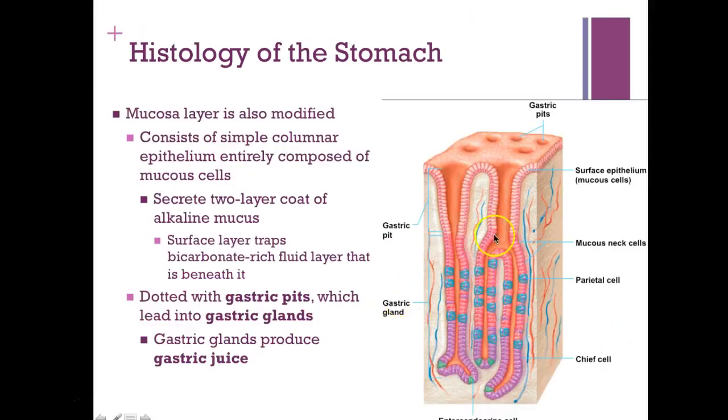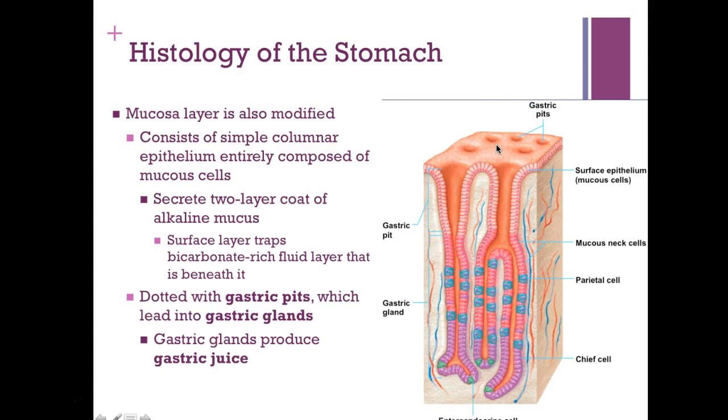So looking at the histology, we can see that it's made up of simple columnar epithelium, and it's made up of mucus cells or mucous neck cells, which you see in the pink here. We are also going to have it secrete a two-layer coat of alkaline mucus that will move up from the pits and into the stomach.